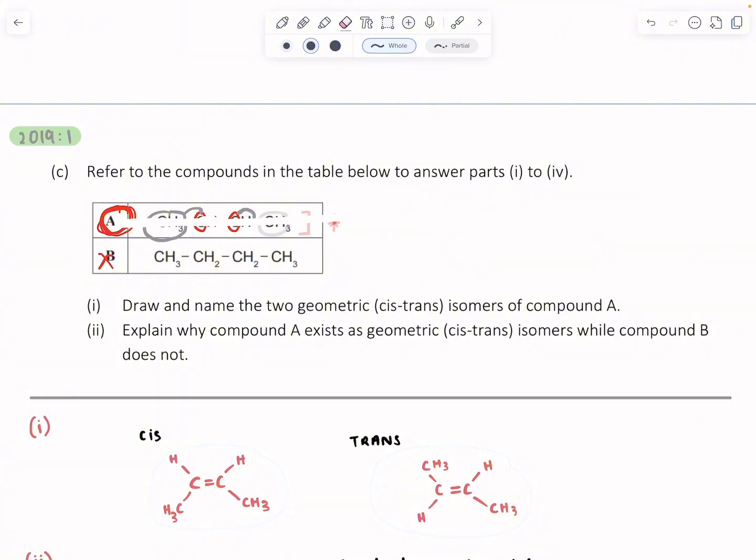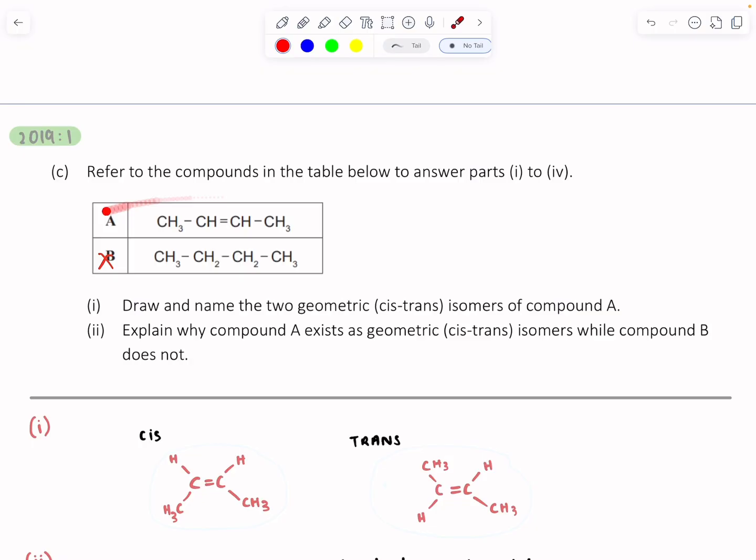The trans isomer, as you can see over here, is where I've popped the CH3 groups on opposite sides of the double bond on different carbons. And then the hydrogen groups are also on opposite sides on different carbons. So there we have it. A cis isomer and a trans isomer of compound A. It just takes a bit of practice, but you got this.